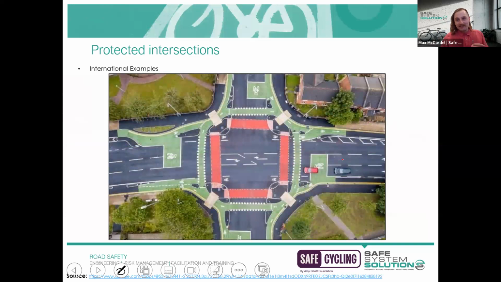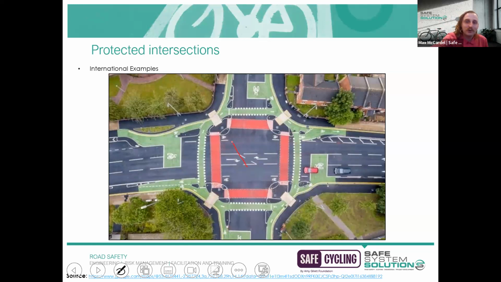Another example here. This one, now we've gone across to the United Kingdom. We're in Manchester again. And this one is the cycle optimized protected signals, or Cyclops junction. And a few things that I do like about this one. Once again, it's got the same design characteristics as we've seen.